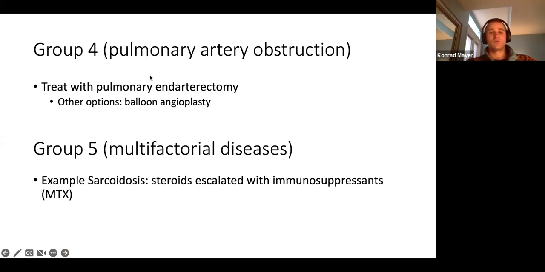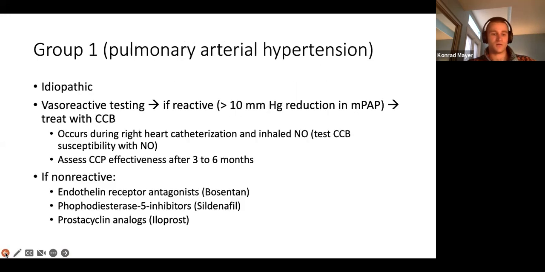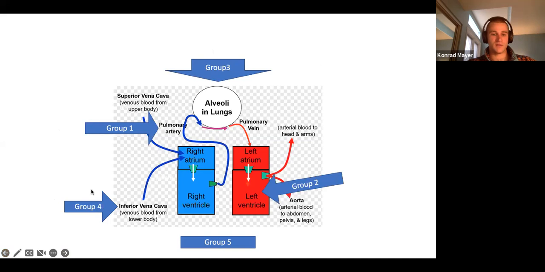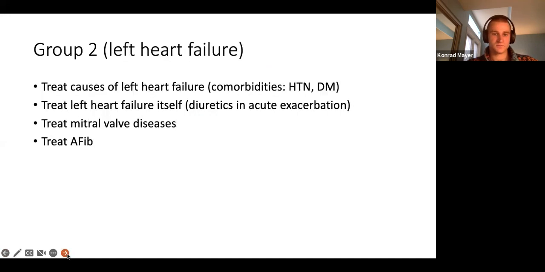So then the final 2 groups are pulmonary artery obstruction. This is what I was saying. Group 4, if you remember, was from down here, the venous problems. This is chronic emboli flowing through the right heart into the pulmonary arterioles and arteries of the lungs, reorganizing and causing an obstruction.